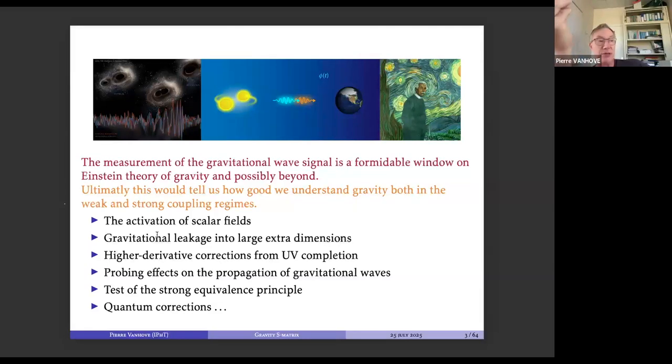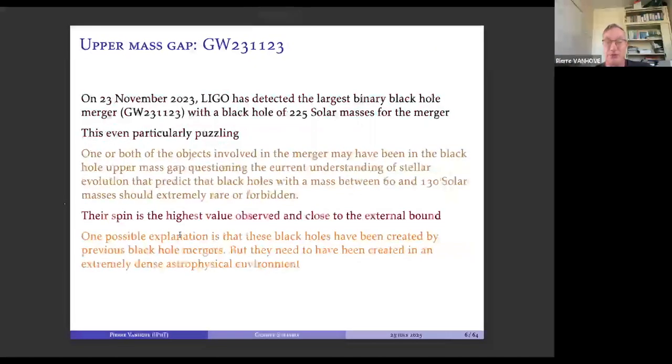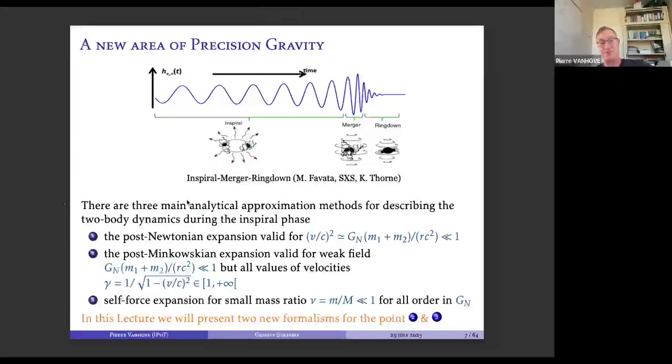First, understanding the population of black holes in the universe, and there are a lot of black holes everywhere in the universe. The second thing is that this is maybe opening questions toward beyond Einstein gravity.